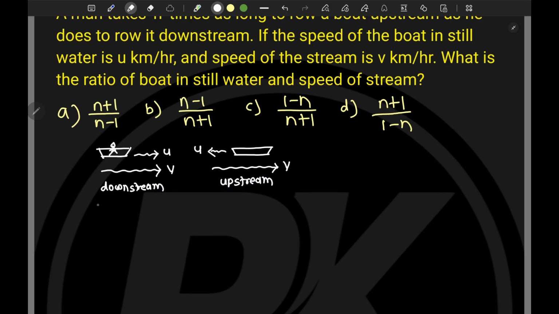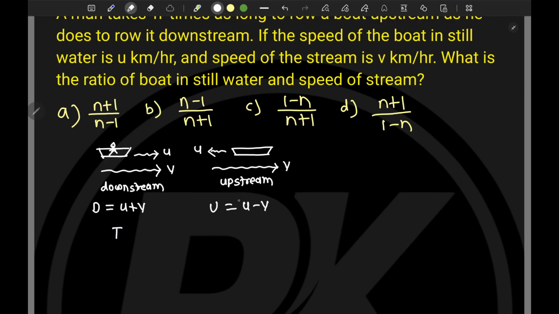For downstream, capital D, this boat will move faster, and hence there will be a summation of speeds. For upstream, the boat will move slowly and hence there will be subtraction, and capital U is equal to u minus v.